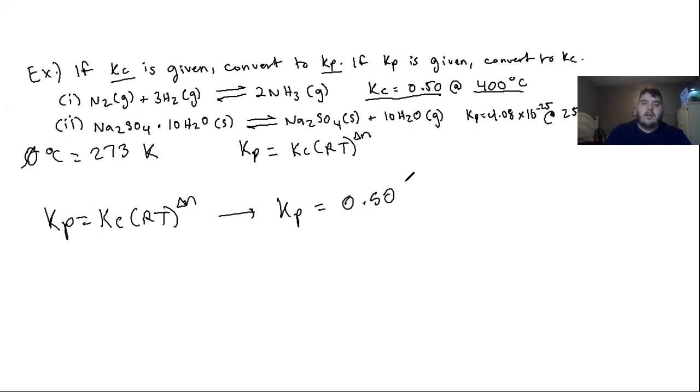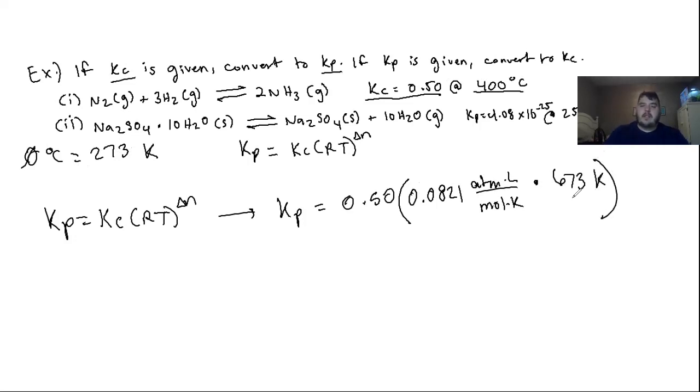Okay, now let's go ahead and multiply our R. Now we already know what that is. That's 0.0821 atmospheres times liters divided by moles times Kelvin. And we have 400 degrees Celsius, but remember, we have to add 273 to it. So that's going to be multiplied by 673 Kelvin.